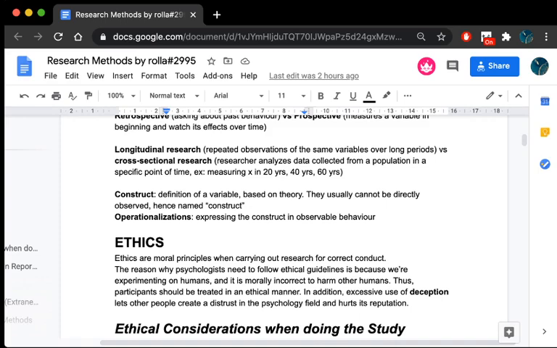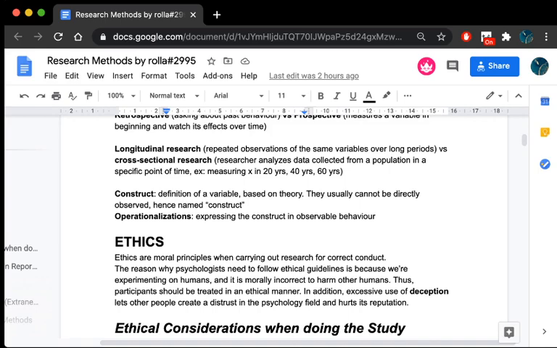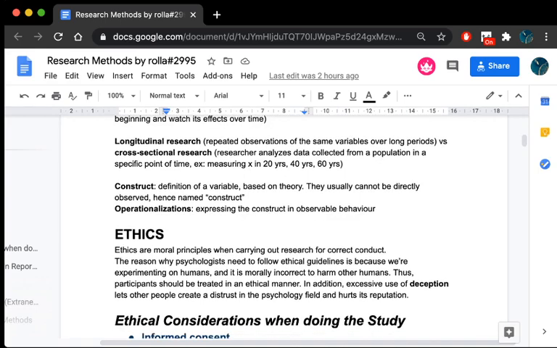And then finally, we have construct and operationalization. So, a construct is a definition of a variable based on theory. Certain behaviors are hard to observe, or it's kind of hard to make a construct of it. Like, let's say we have aggression.